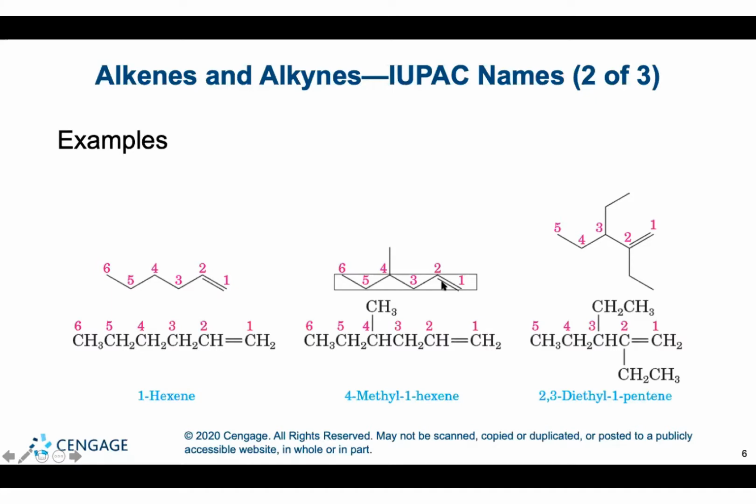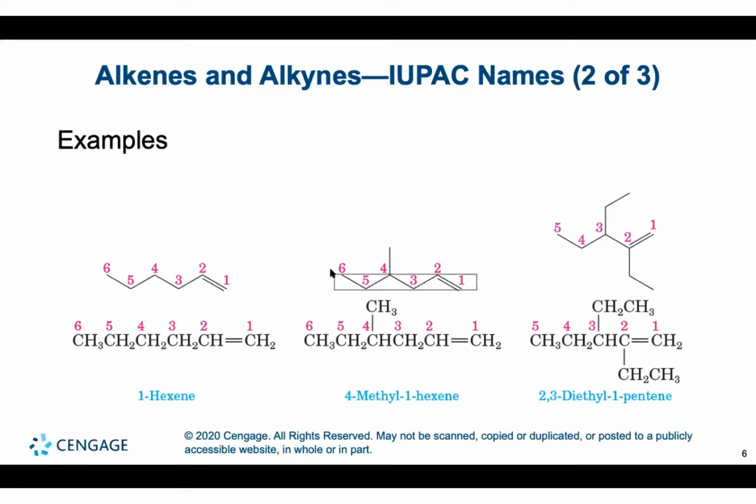So I should start from the side that reaches my double bond, so my double bond gets the lower numbering. So the double bond is on carbon 1, because when you have a double bond between carbon 1 and 2, the double bond goes to the carbon that has the lower numbering. So it's going to be 1-hexene.